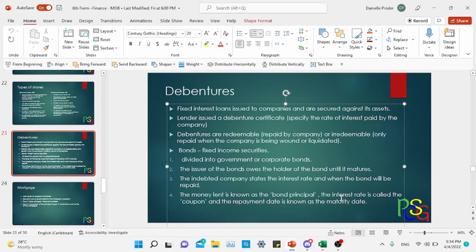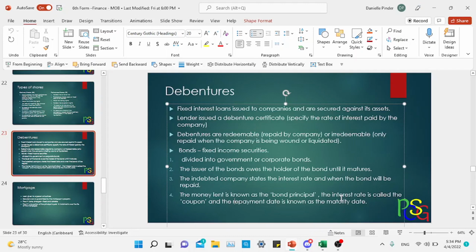So for example, if you invested say $1,000 into these bonds, the 10% is called the coupon rate, right? And so the government would give you 10% of the principal.